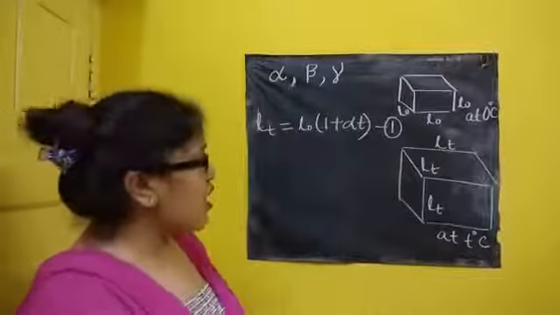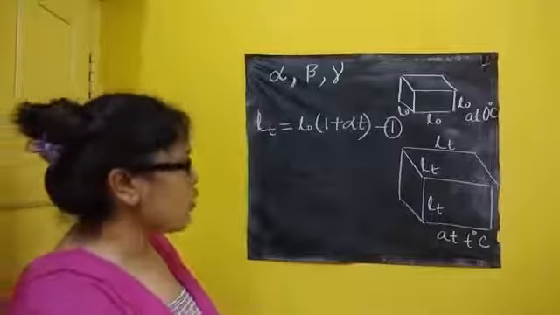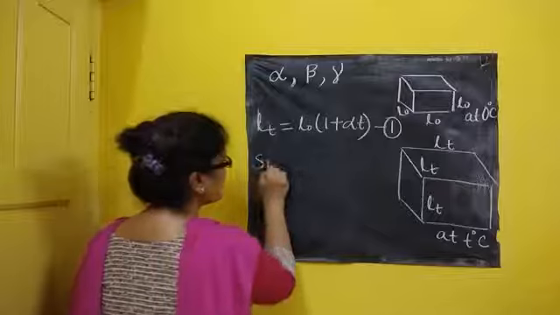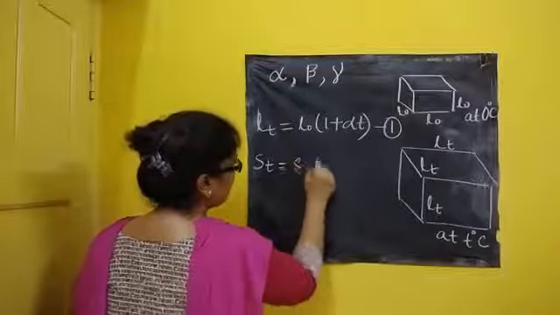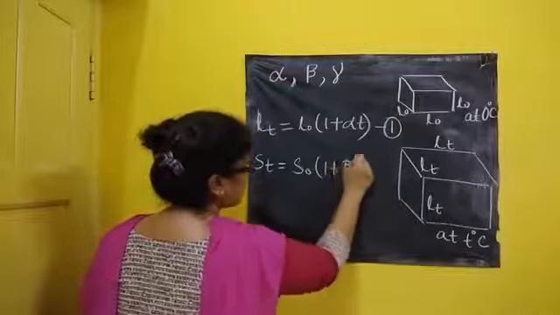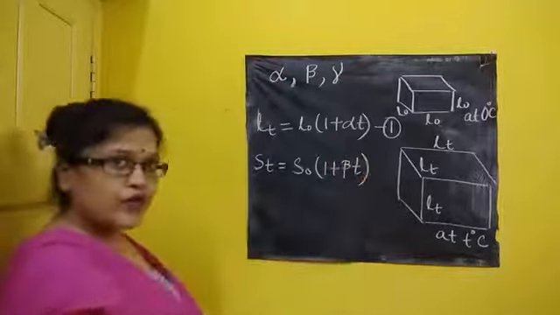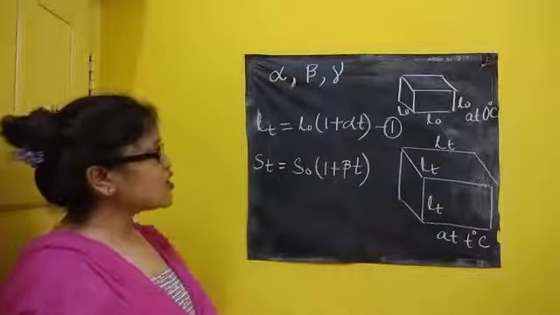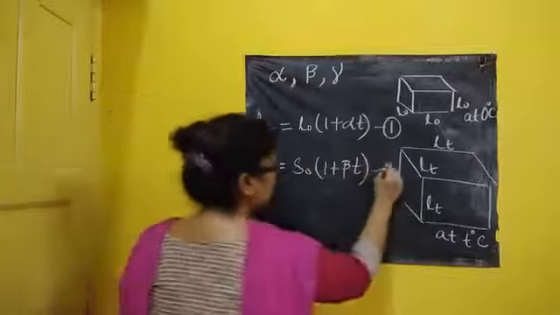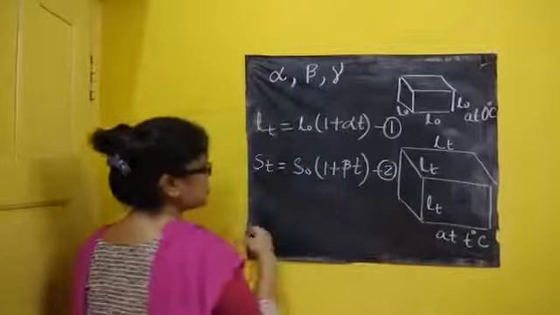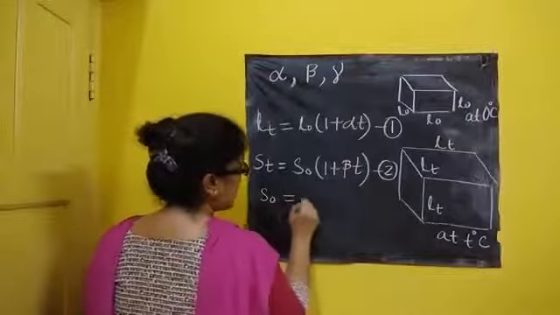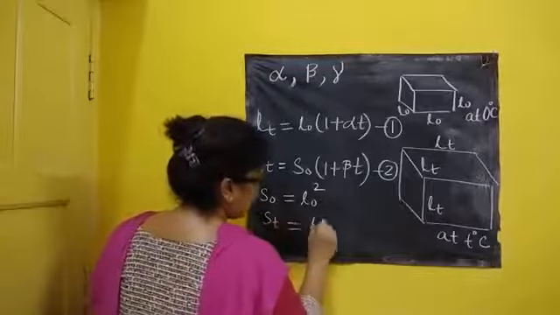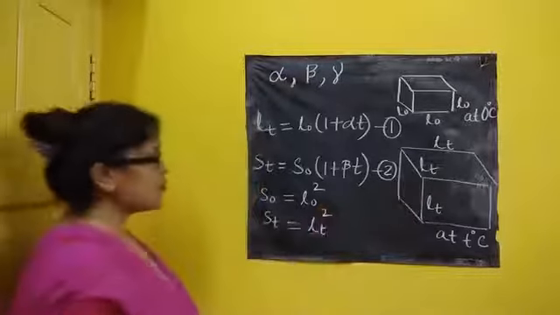So considering surface area, ST will be equal to S0 (1 plus beta t). Give it equation number 2. In this case S0 is L0 square and ST is LT square. Clear?